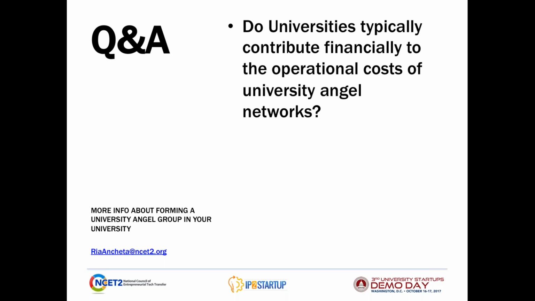I'll just add that angel groups generally are not very expensive. Their budgets could be $25,000 to $50,000. As long as you don't have to pay for a full-time manager, it's pretty easy to do with the membership fees you get from the angels. So $1,500 is pretty common, and if you have 50, it works out pretty easily.